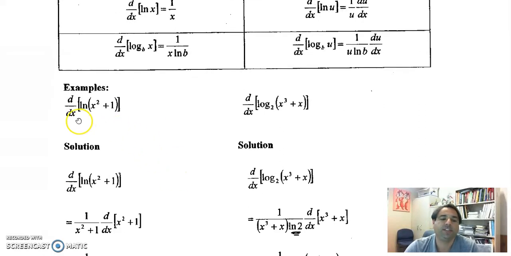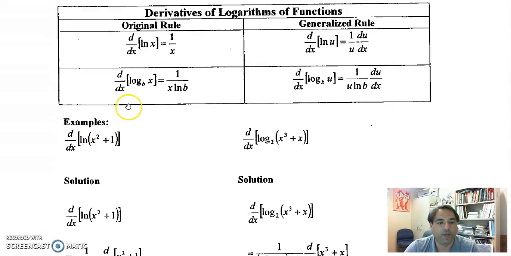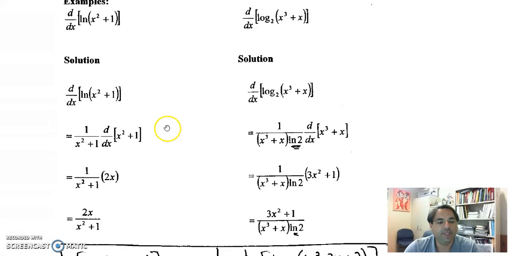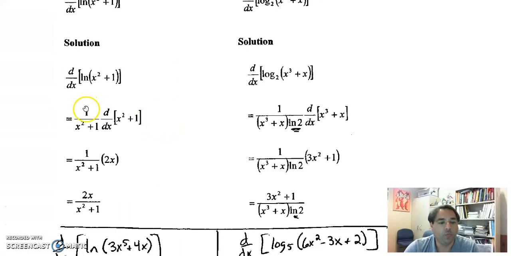So let's say we wanted to take the derivative of natural log of x squared plus 1. Well, you can see where they come from up here in the notes, but the example would be we do 1 over the original, whatever you're taking the log of, and then take the derivative of whatever you're taking the natural log of.